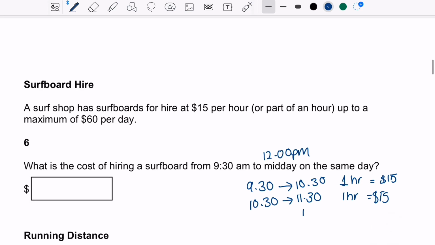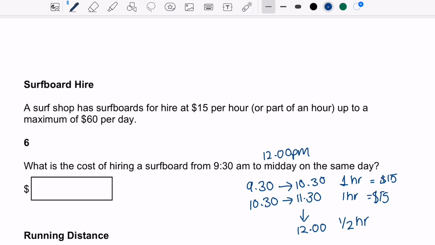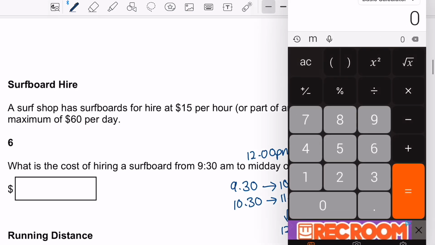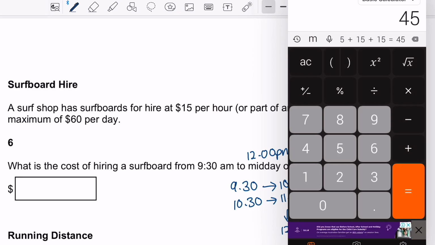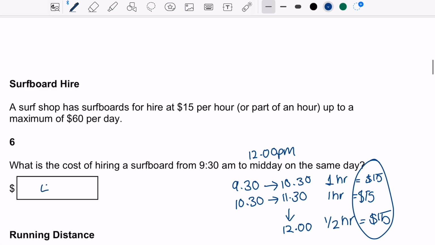Now, 11:30 to 12 is only 1/2 an hour, but it says it costs $15 an hour or part of an hour. So it doesn't matter that I only used half an hour, I'm still going to pay $15. So all I need to do is add those 3 up. 15 plus 15 plus 15 equals 45. It's going to cost $45.